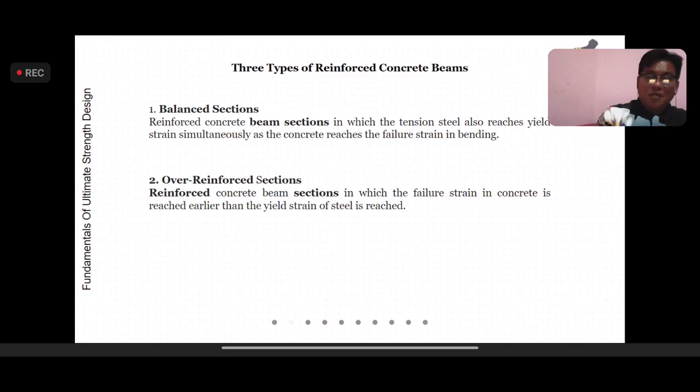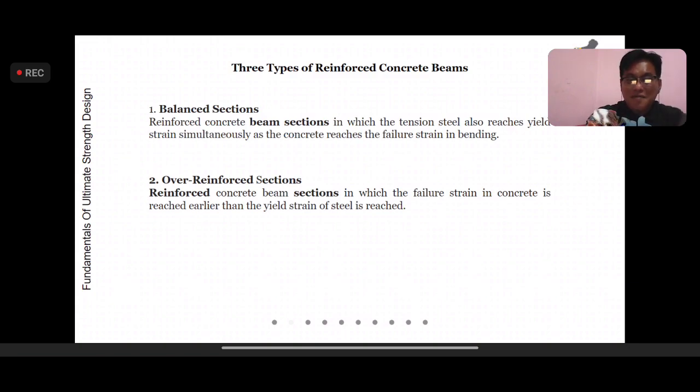Yung over-reinforced concrete beam sections, in which the failure strain in concrete is reached earlier than the yield strain of steel. Hindi maganda to. So ito yung biglang babagsak. So akala ng layman, ng non-technical person, ang over-reinforced ay para mas tumibay. Di ba naalala ninyo kanina na pag dinamihan mo yung bakal, hindi naman tumibay. 80% lang. Ibig sabihin hindi siya sumasabay sa paglaki mo ng dami ng bakal.